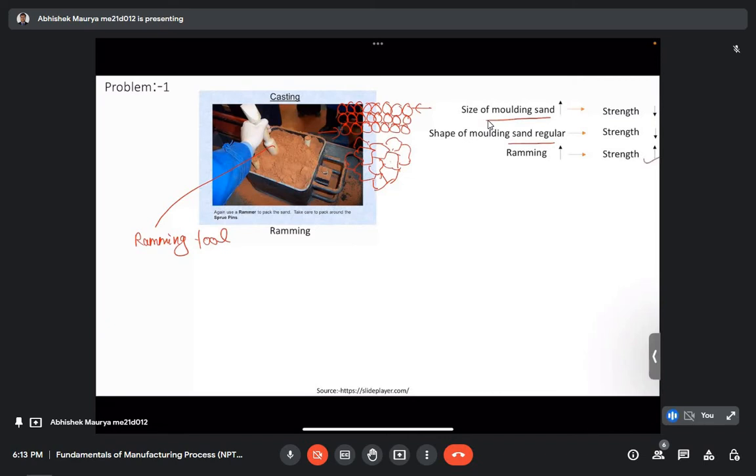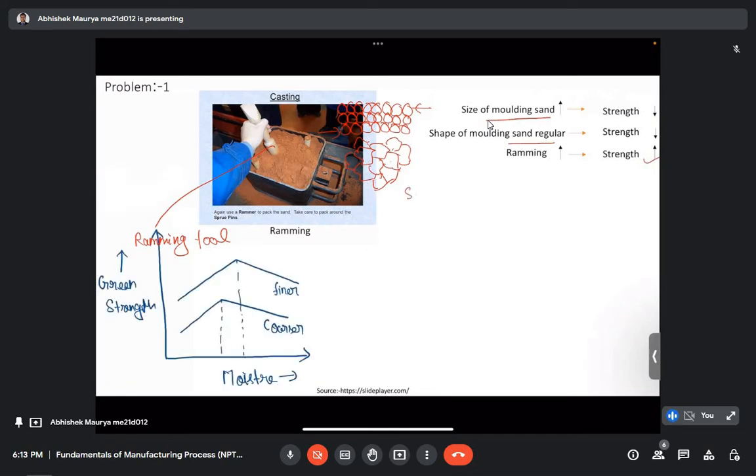Let's start looking at other factors, like the effect of moisture. Suppose we want to make a mold and we have only sand plus clay, we don't have any moisture.